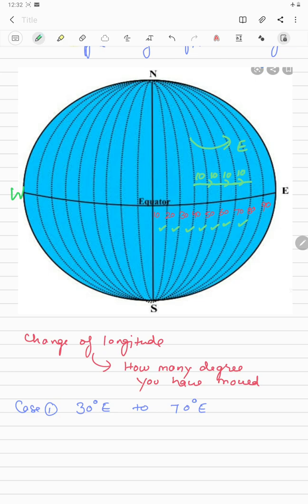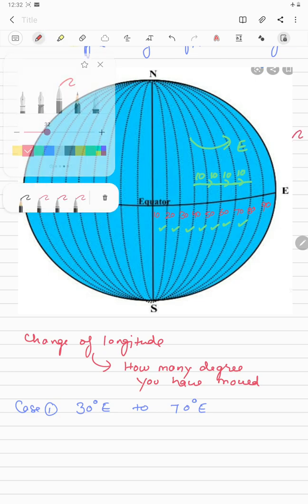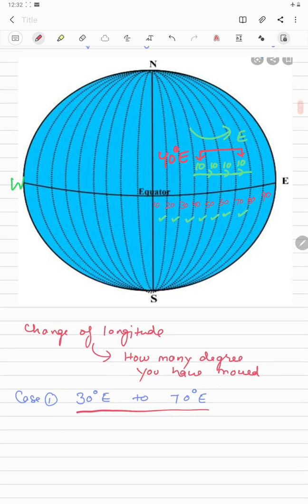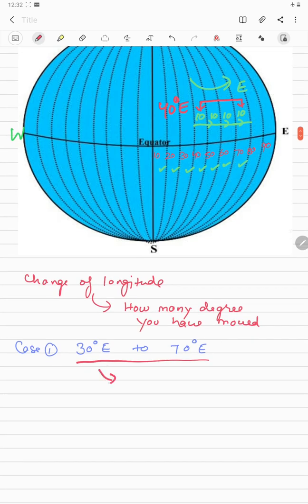If you add up, we have moved 40 degree in total, and in which direction? In the easterly direction. So the answer to this question will be 40 degree, and that too in the east direction.